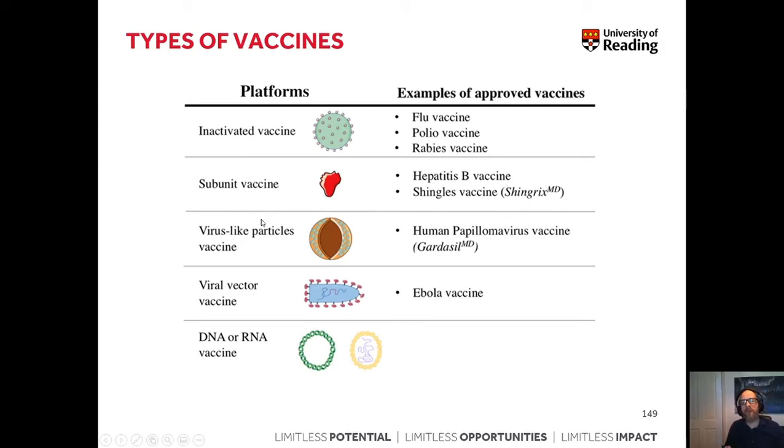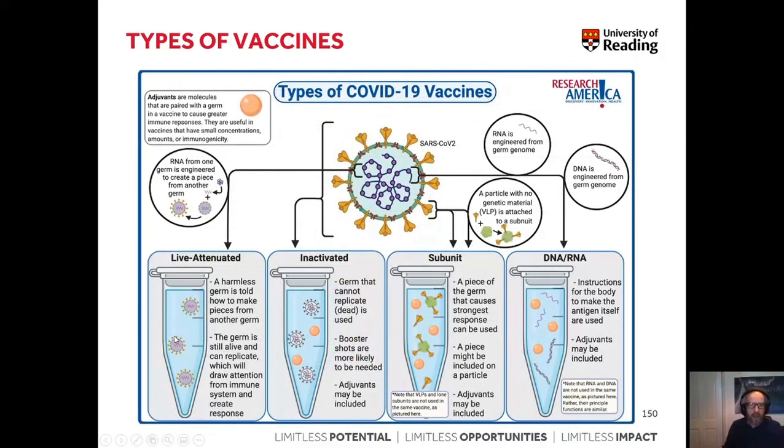We can have virus-like particles, viral vector vaccines, and the more modern approach is to deliver vaccination via the use of DNA or RNA. And this is actually also reflected in the current approaches to COVID-19 vaccination. There are many different approaches to developing those vaccines.